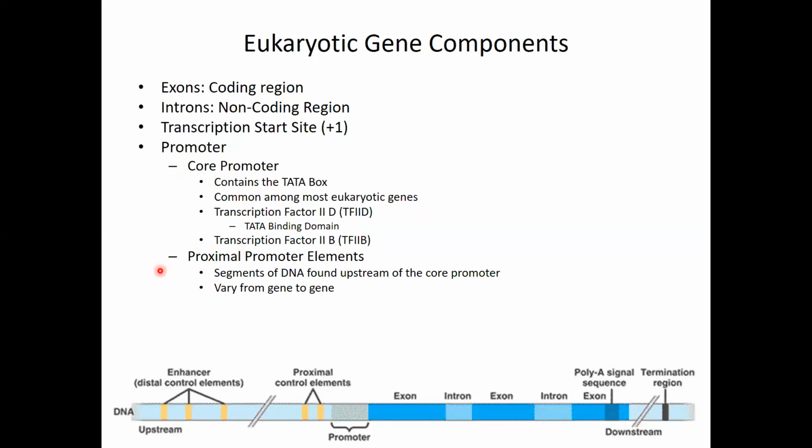Then we have the proximal promoter elements, which involve segments of DNA found upstream of the core promoter. It varies from gene to gene.